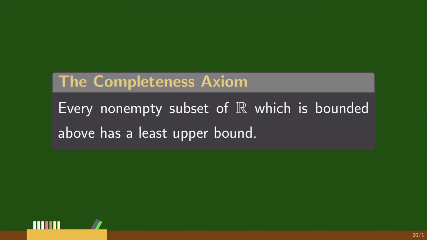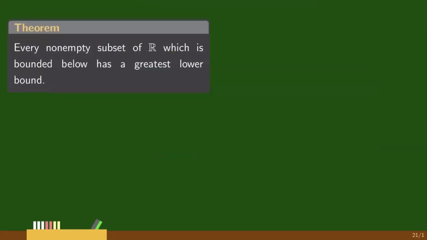Okay. Kung mapapansin nyo, the completeness axiom talks about upper bounds and least upper bound, no? How about the existence of greatest lower bounds? Hindi na siya kasama sa completeness axiom kasi it can actually be proven. Mapuprove na natin siya ngayon.